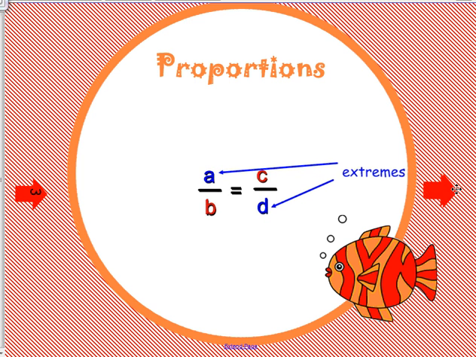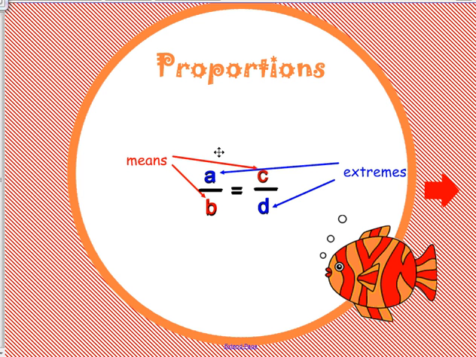The A and the D are called extremes, and the C and the B are called means.